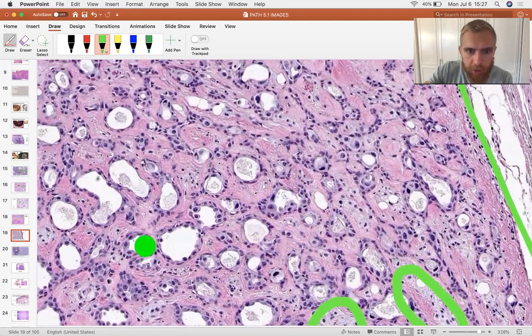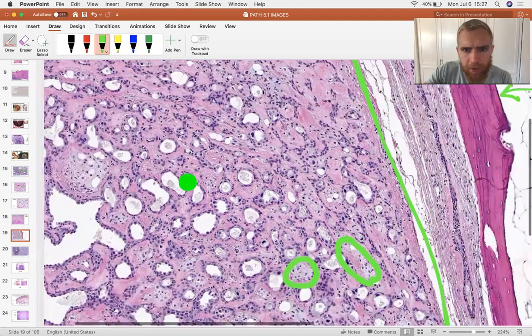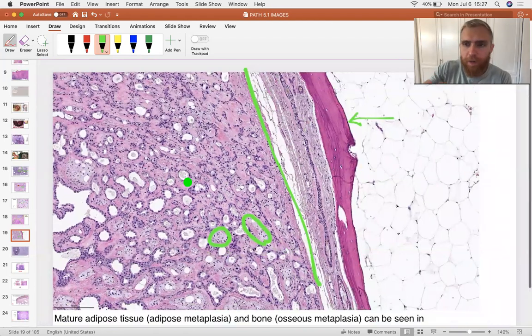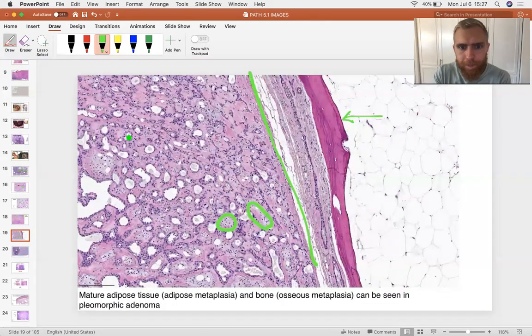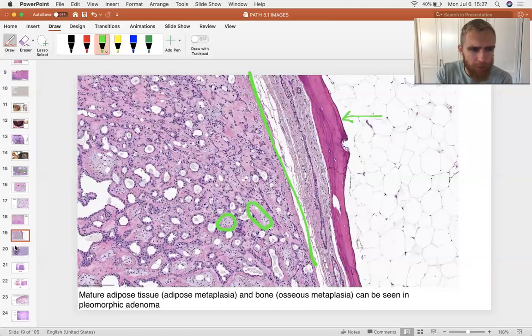And then we're seeing some myoepithelial component to this as well. I won't point out the individual cells, but again, if it's got some pointy ends to it, like a spindle cell, why is it called a spindle cell? It's got points on it. And those are your myoepithelial cells.